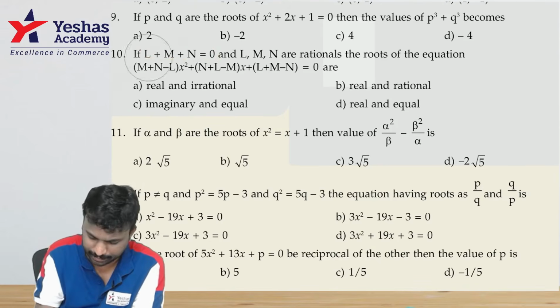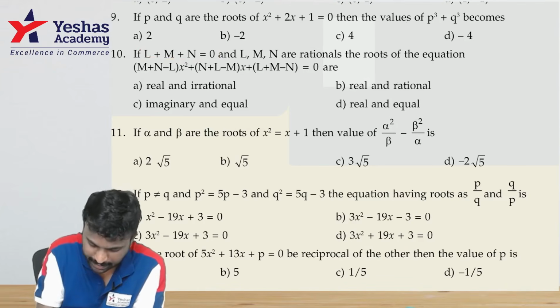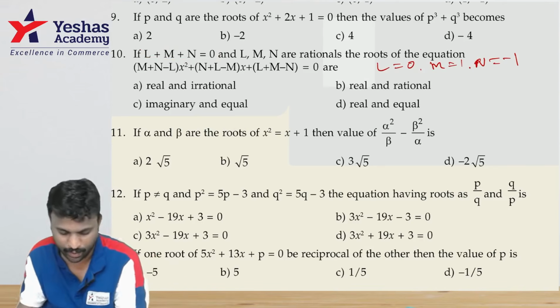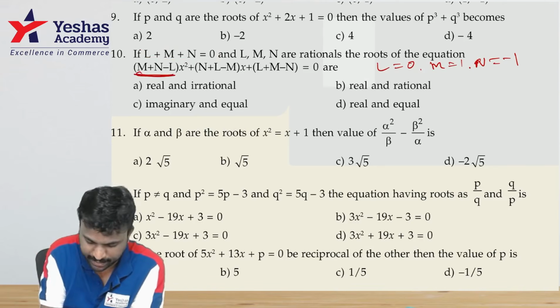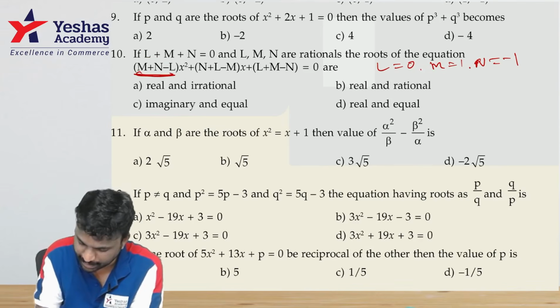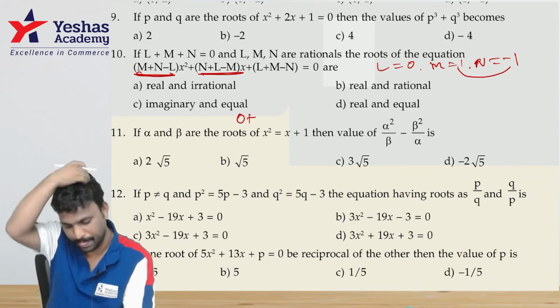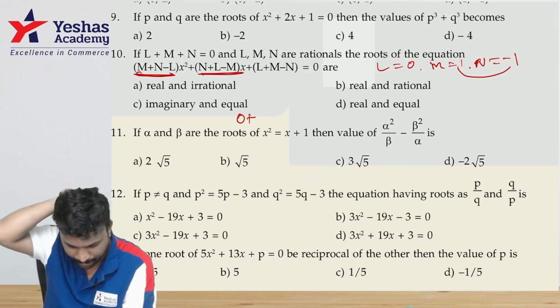Right. Now guys, L is 0, M is 1 and N is minus 1. Now, M plus N minus L: 1 minus 1 is 0, minus 0 is 0. So 0x square is 0. And how about N plus L minus M?